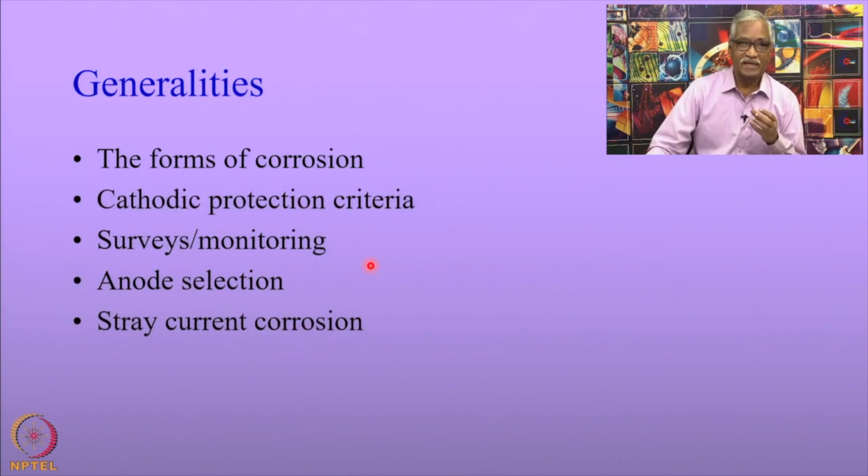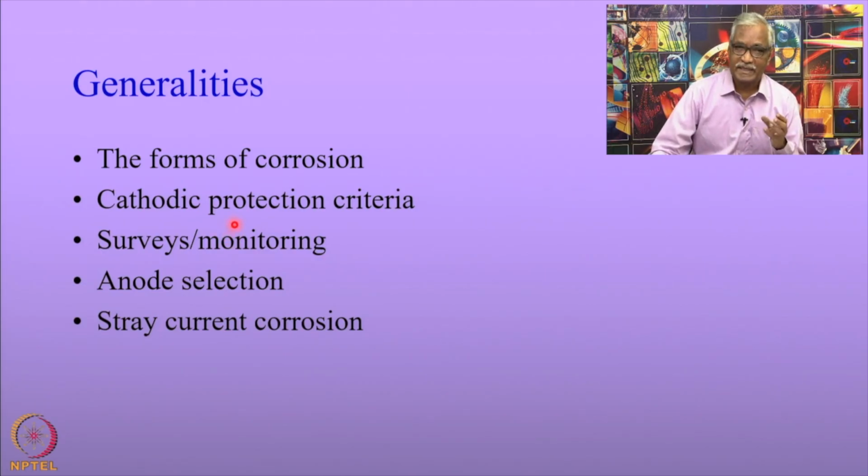Let us look at the generalities that are involved in storage tanks. The storage tanks mostly are buried in the soil, be it above ground storage tanks or underground storage tanks. They are exposed to the soils mostly, and so whatever we discussed in relation to pipelines buried in the soil, in terms of the forms of corrosion, like bacterial corrosion and differential aeration corrosion, all these are applicable to storage tanks as well.